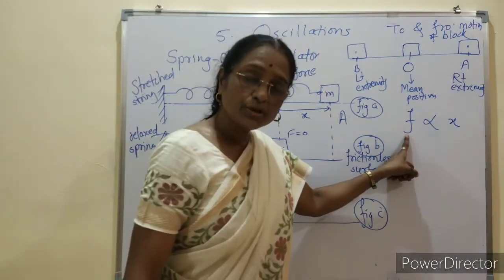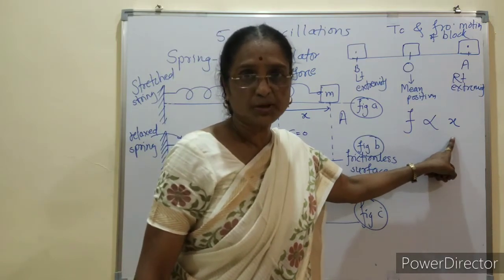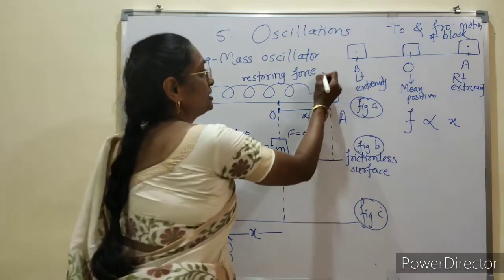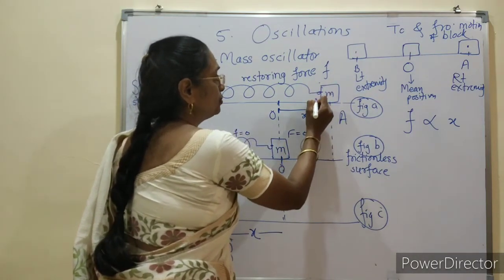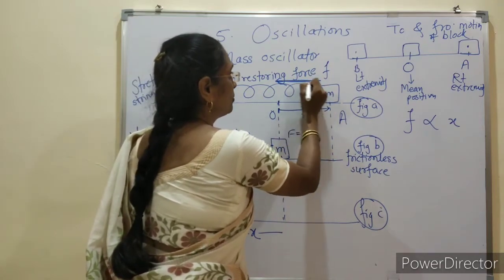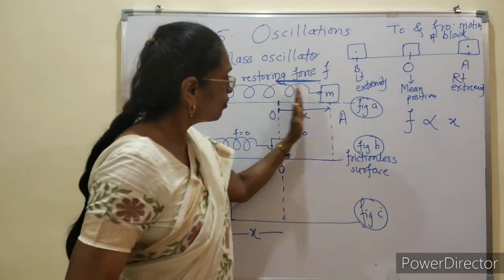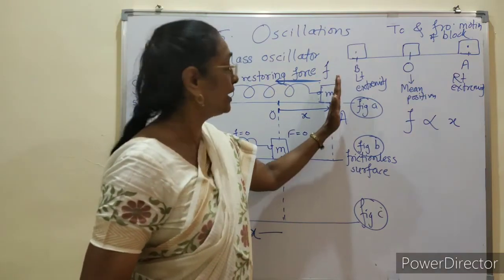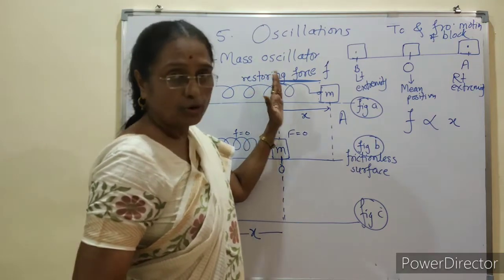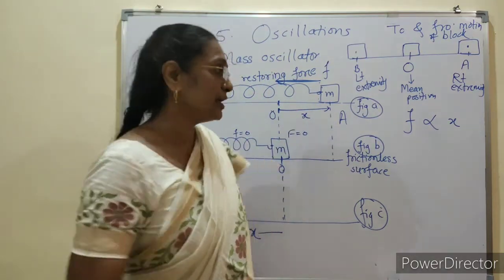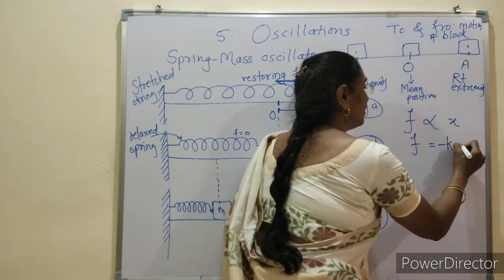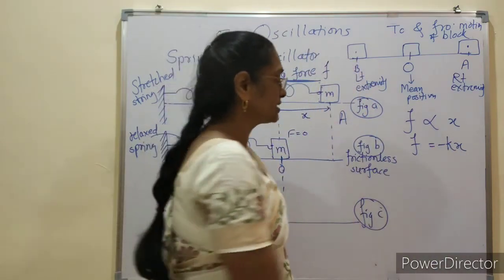So the restoring force increases with the displacement, but its direction is opposite to that of the displacement. The restoring force can be shown by this arrow. Displacement is from O to A, but the direction of force is from A to O, opposite to the displacement. Here we can write the expression as F is equal to minus Kx.